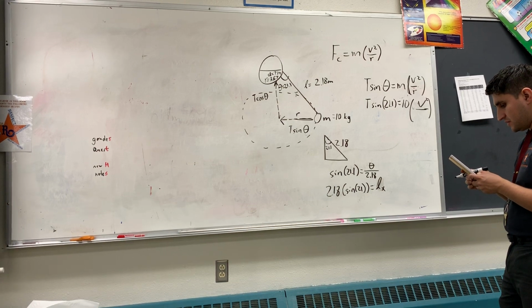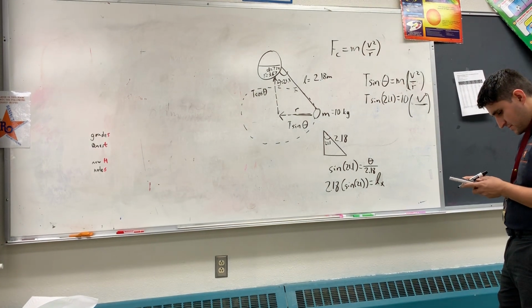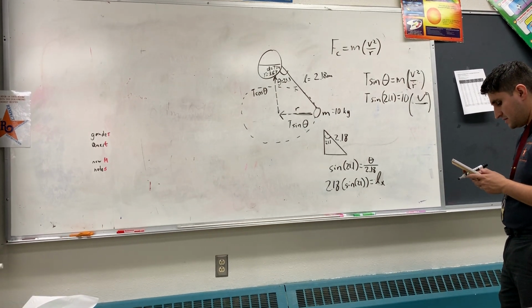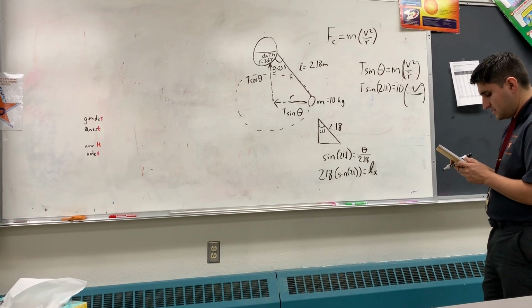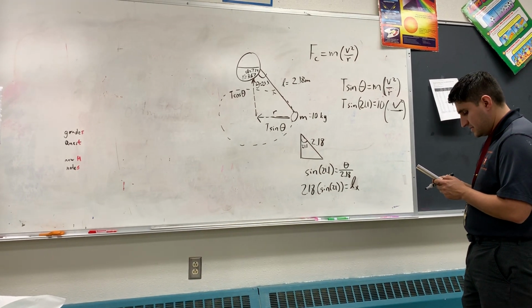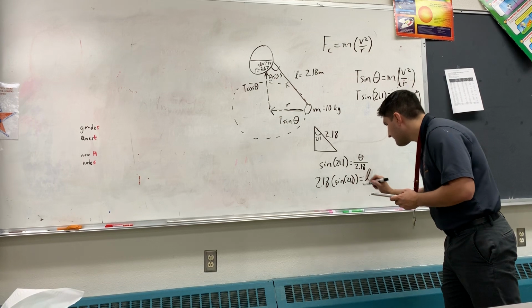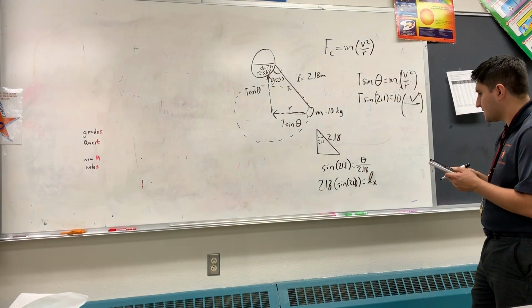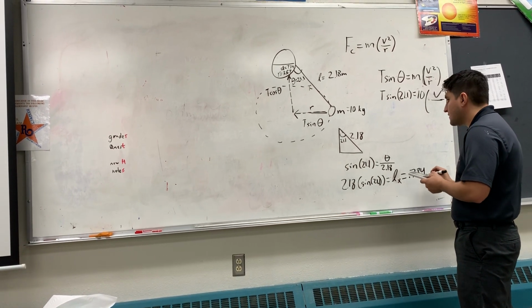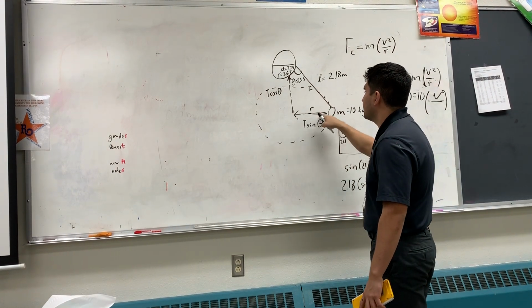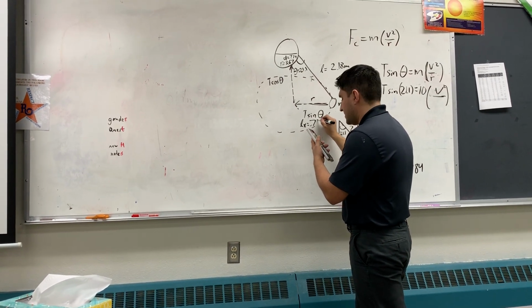So let's see what that gives me. 2.18 times sine of 21.1 gives me 0.784. So this thing has a length Lx of 0.784.